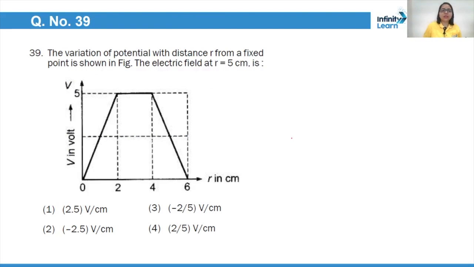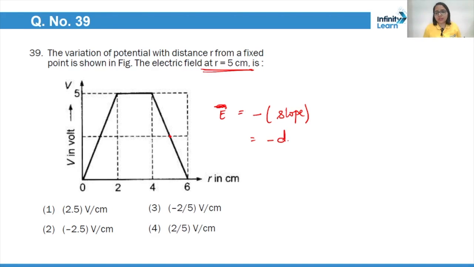Question number 39. The variation of electric potential with distance r from a fixed point is shown in the figure. The electric field at r equal to 5 centimeter is. So at r equal to 5 centimeter, if you find the slope of this line from 4 to 6, then negative of the slope will give you what? Electric field, okay, magnitude. Why?